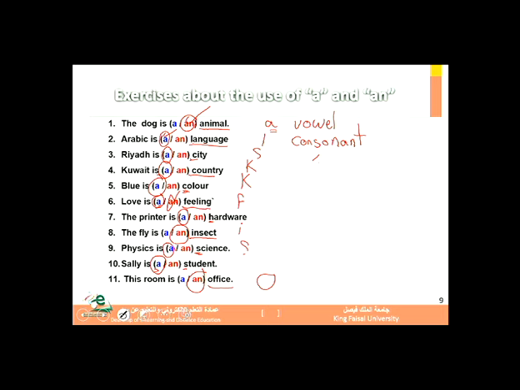Now there's a very important point: you need to make sure that this word is a singular word rather than a plural word. So if I have a word like, for example, insect, and this word is in the plural, I cannot say an insect.